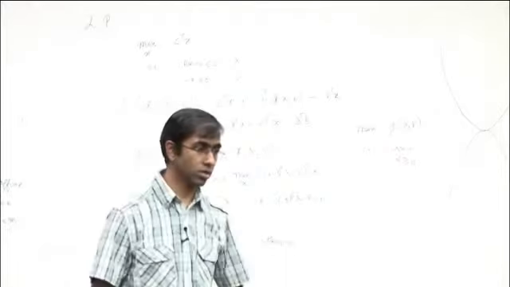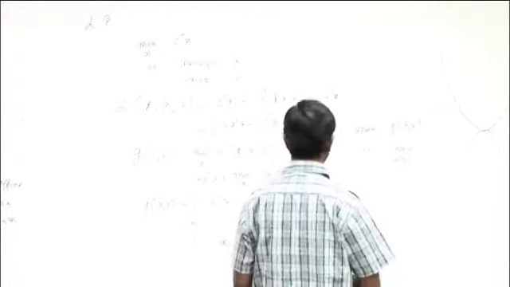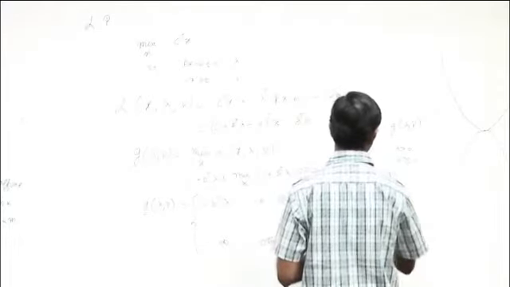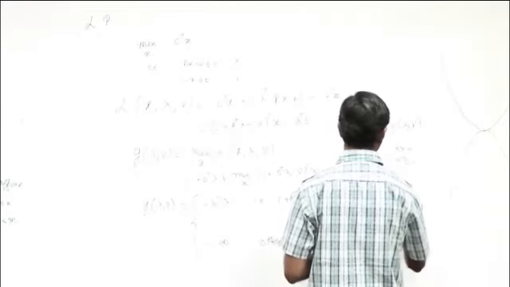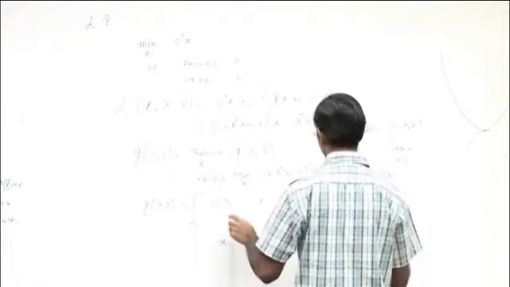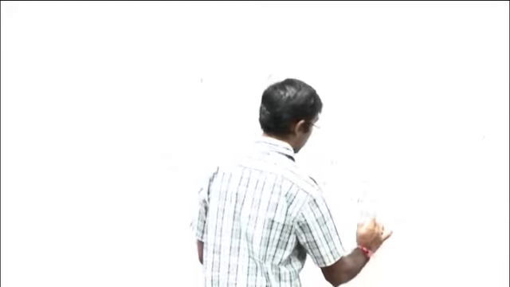I don't even need to consider those cases. So this dual problem can now be equivalently written as maximize minus B transpose lambda such that C plus A transpose lambda minus nu is equal to 0, lambda is positive, nu is positive.